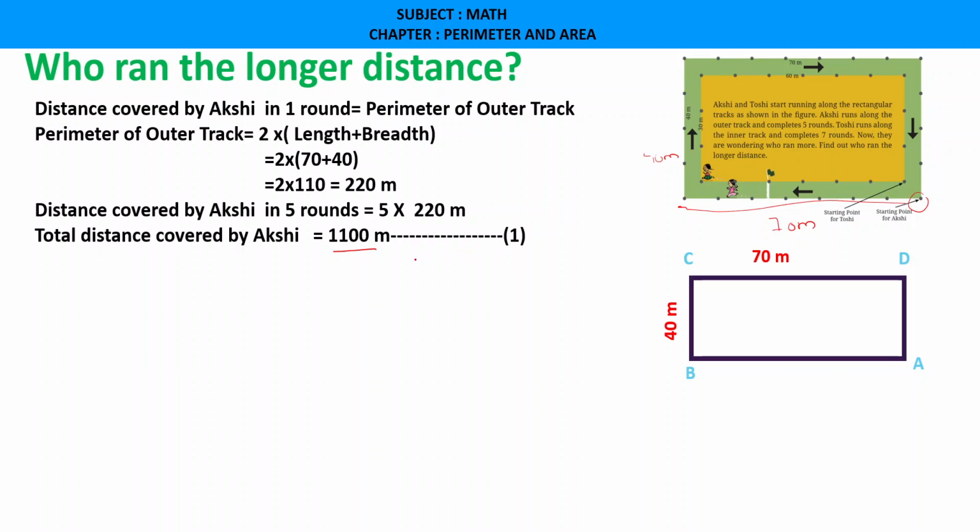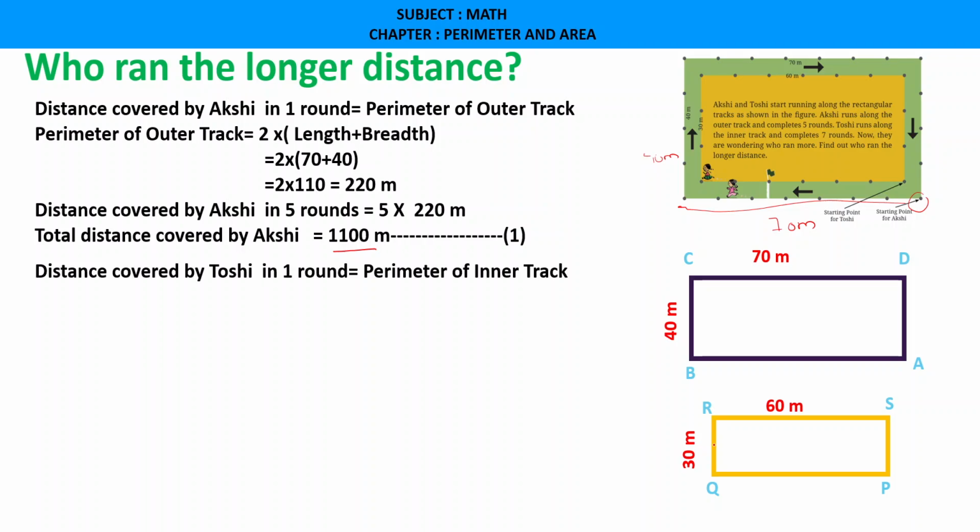Now, let us calculate how much Toshi covered. This is the path covered by Toshi. Assume that this is labeled as PQRS, where the length of this rectangle is 60 meters and the breadth is 30 meters. So the distance covered by Toshi in one round is equal to the perimeter of the inner track.